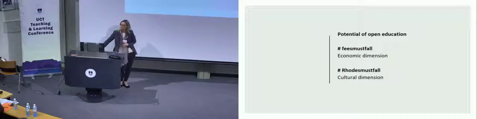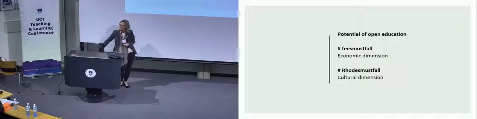And so what I would like to propose is the potential of open education to address two very key dimensions. So the Fees Must Fall, the economic dimension of saving cost through open education. And as the presentation unfolds, you will see how I will make that argument and explain what open education is.